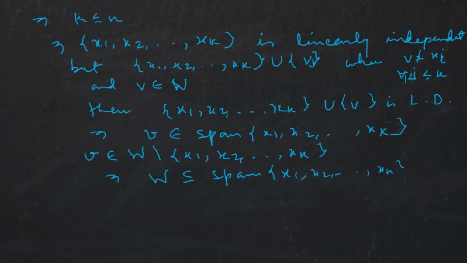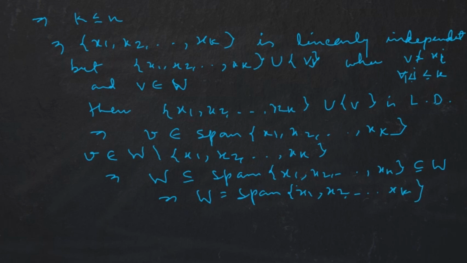और क्योंकि x1 x2 xk ये जो थे ये W के ही एलिमेंट्स तो थे, तो इनका स्पैन जो होगा वो भी अल्टीमेटली W में ही होगा. तो W क्या हो गया? स्पैन ऑफ x1 x2 xk.